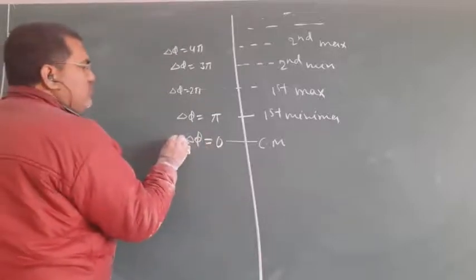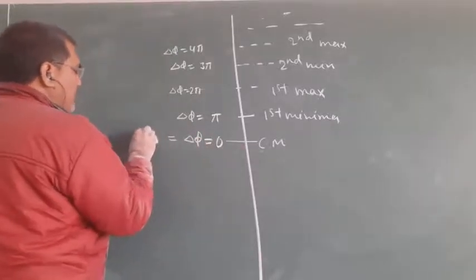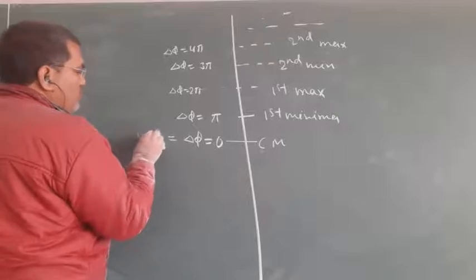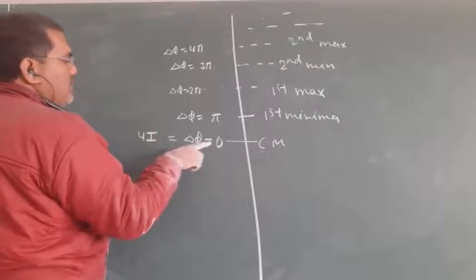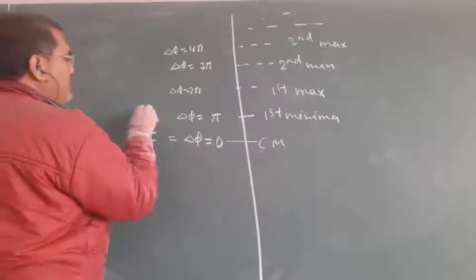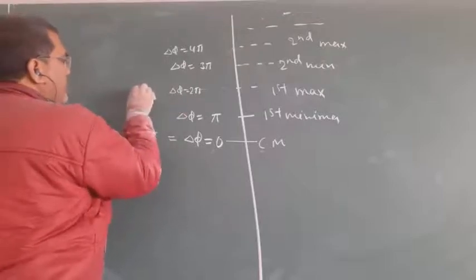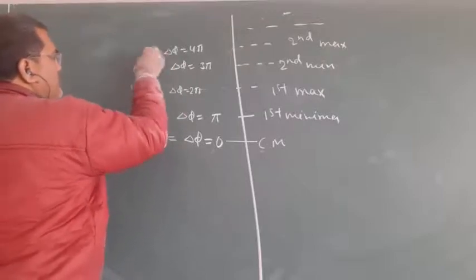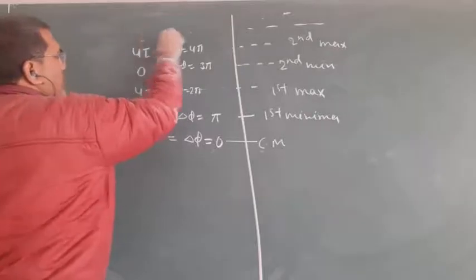At phase difference 0, the maximum is 4I. If the intensity of both the sources is the same, then the maximum will be 4I and the minimum will be 0.